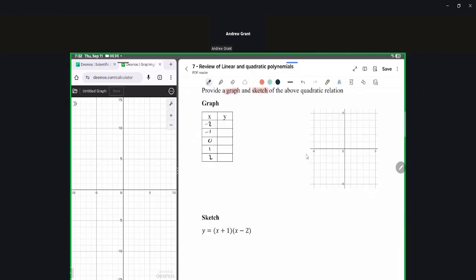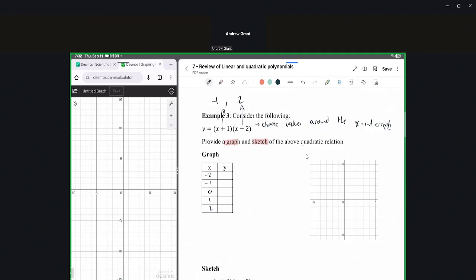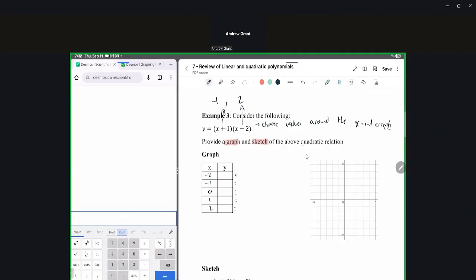For now, what we do at this point is get the y values by typing each of these in. So wherever we see an x, we can replace it with -2. So this will be -2 plus 1 times -2 minus 2. The next one would be -1 plus 1 times -1 minus 2.